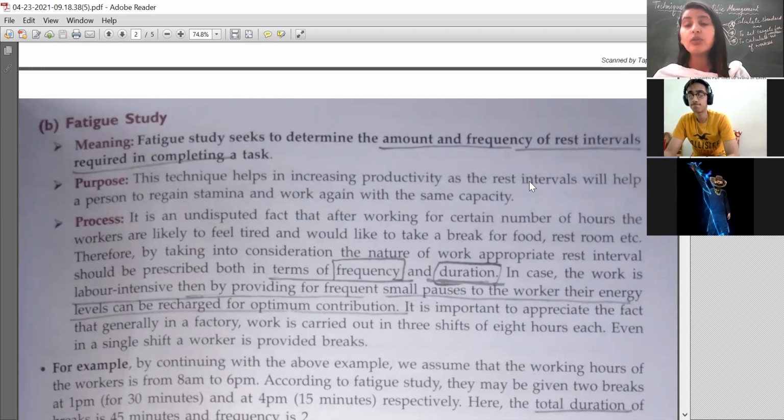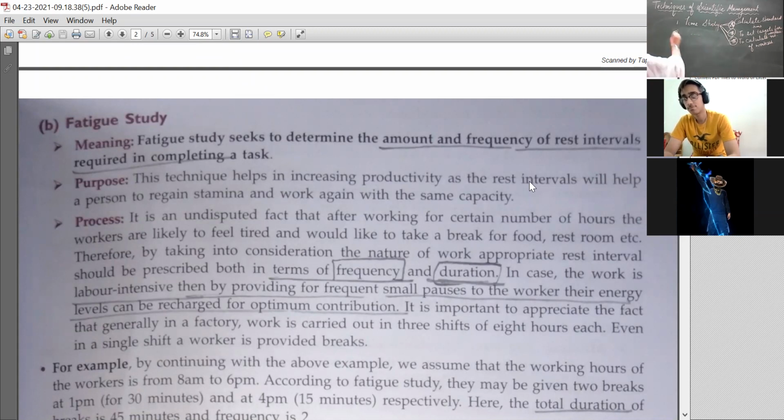But if I ask you to do the same 100 times, will you be able to do? No. So you will decrease your efficiency or the ability to do that particular work for a particular time period. After some time, like if I give you rest of 2 minutes, 5 minutes, and then I'll ask again, pick it up and put it on the table, you will be able to do. So this is what is being studied in fatigue study.